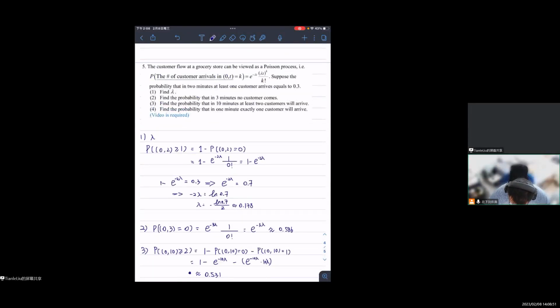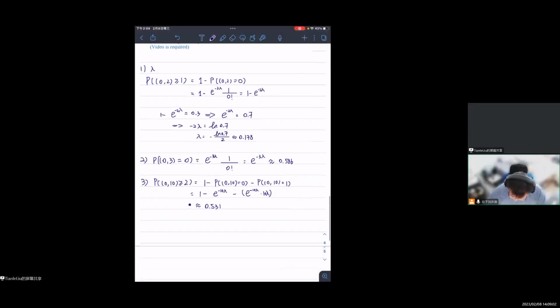So for this problem, we just need to follow the problem statement to see what t represents and what k represents.